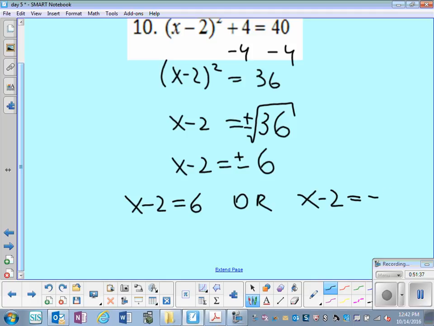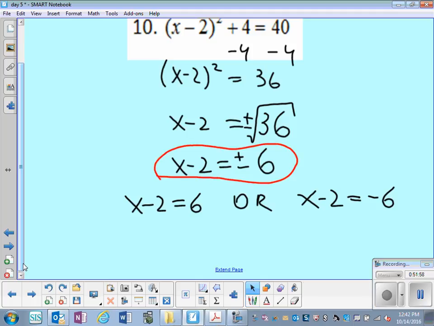So we combine these two in one sentence: x minus 2 equals either plus or minus 6. So this is just a fancy way to write two equations together, right?